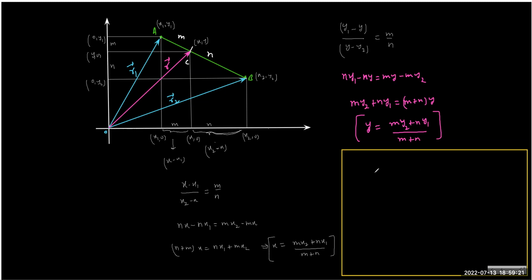To make it simple, I'll keep a consistent direction. You can see AC, you can see CB. So can I write AC by CB is m is to n? That is my first step of solving the question. If you're comfortable till here, raise your hand or say yes.